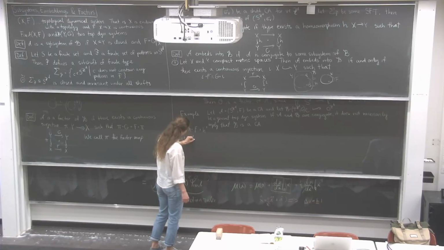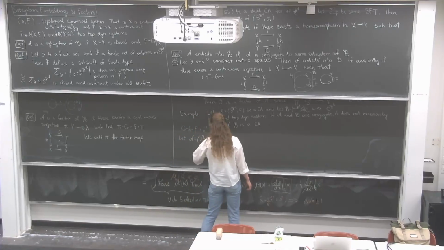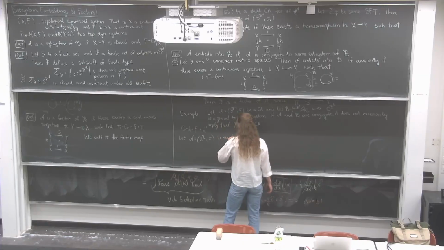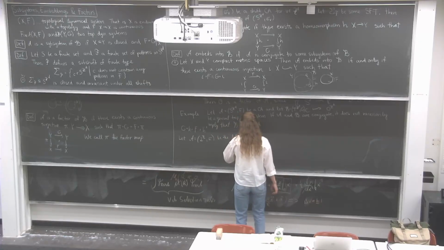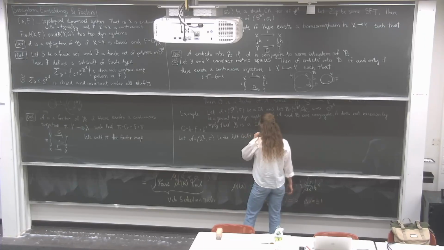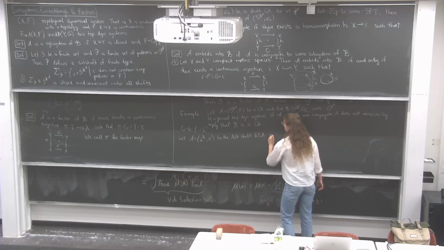So the example that shows this is, for instance, let A be just the elementary CA corresponding to a left shift, and we now define some homeomorphism.